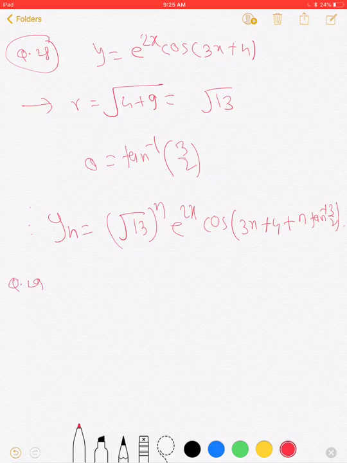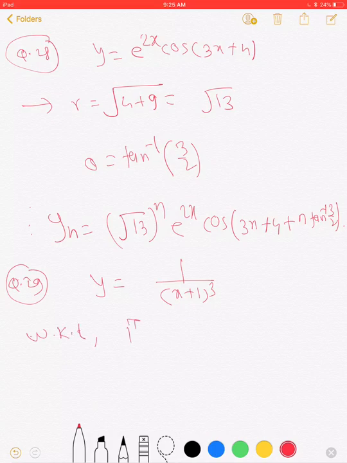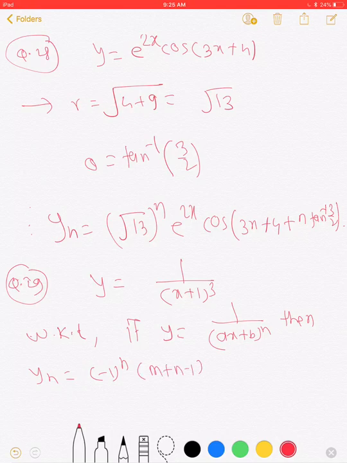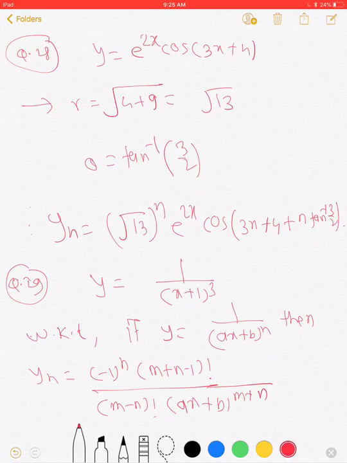Next question, that is question number 29. In question number 29 we have to find the nth derivative if y is equal to 1 upon x plus 1 whole cube. We know that if y is equal to 1 upon ax plus b raised to the m, then its nth derivative is minus 1 raised to the n into m plus n minus 1 factorial upon m minus 1 factorial into ax plus b raised to the m plus n. So just by comparing the values, here the value of a is 1, the value of b is 1, the value of m is 3.